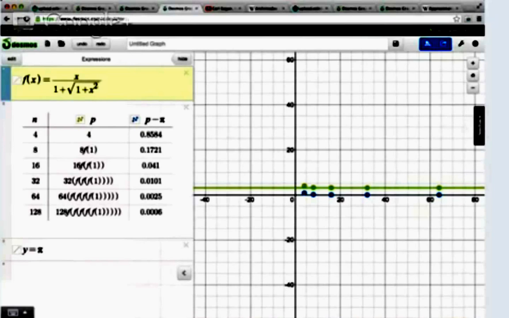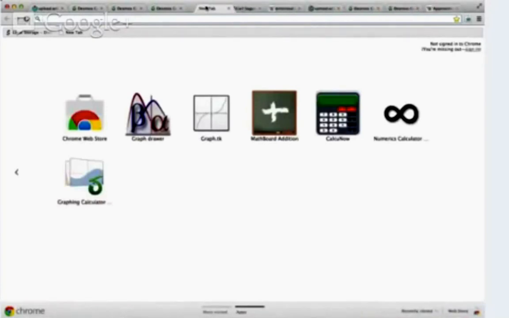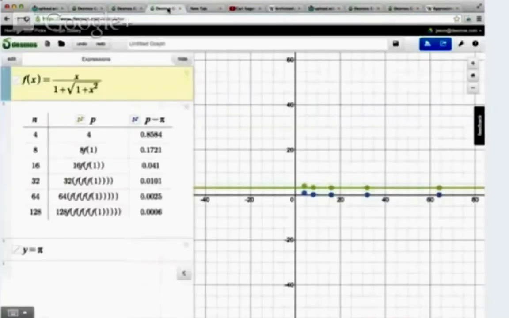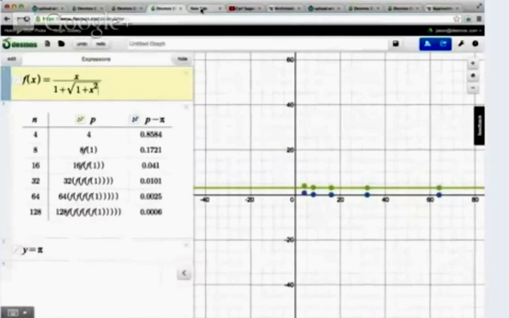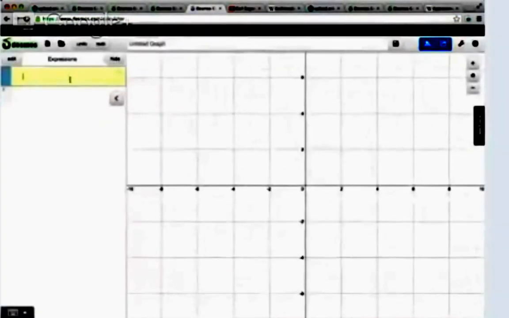So to do that, I'll open up one more Desmos graph. And our goal here will be to calculate the square root of a number, let's call it b.